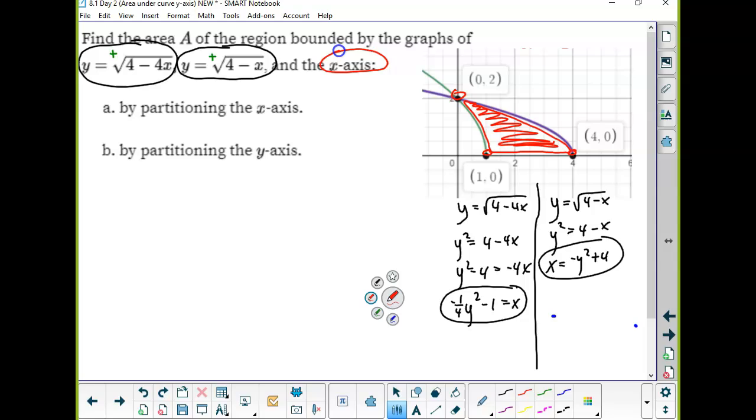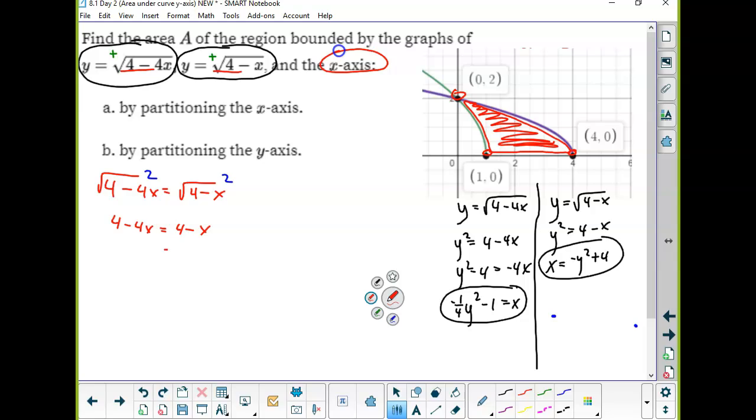Okay. So what could I do? I could set these two equations equal to each other. And then my goal is to solve. The nice thing is they both have square roots. So if I square both sides, it's just a linear model.